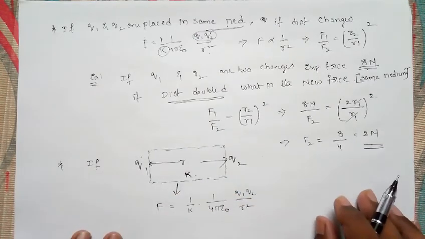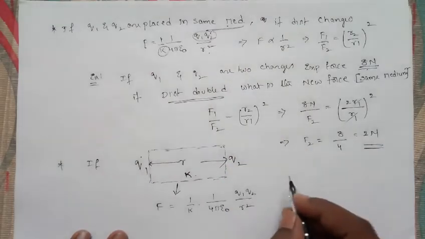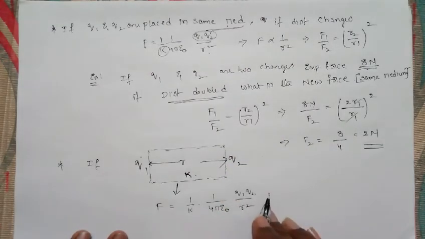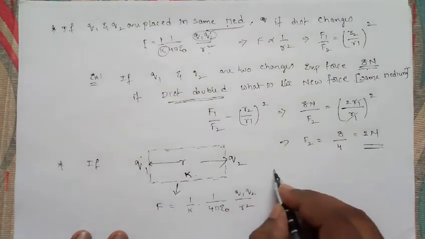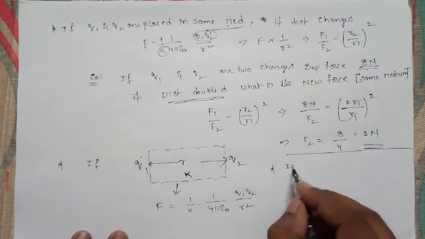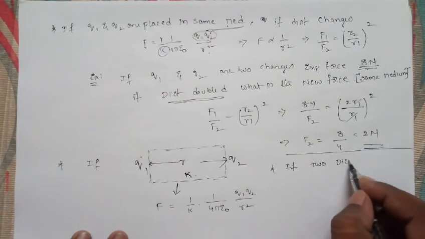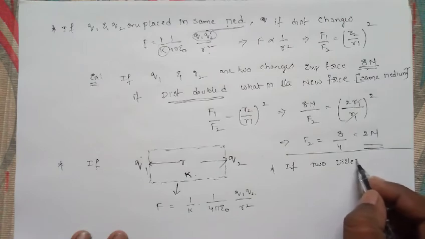So it is completely placed in the dielectric medium between the space. But we already discussed one thing: if there are two different dielectric mediums, the force should remain the same. Taking this point here, take two mediums.